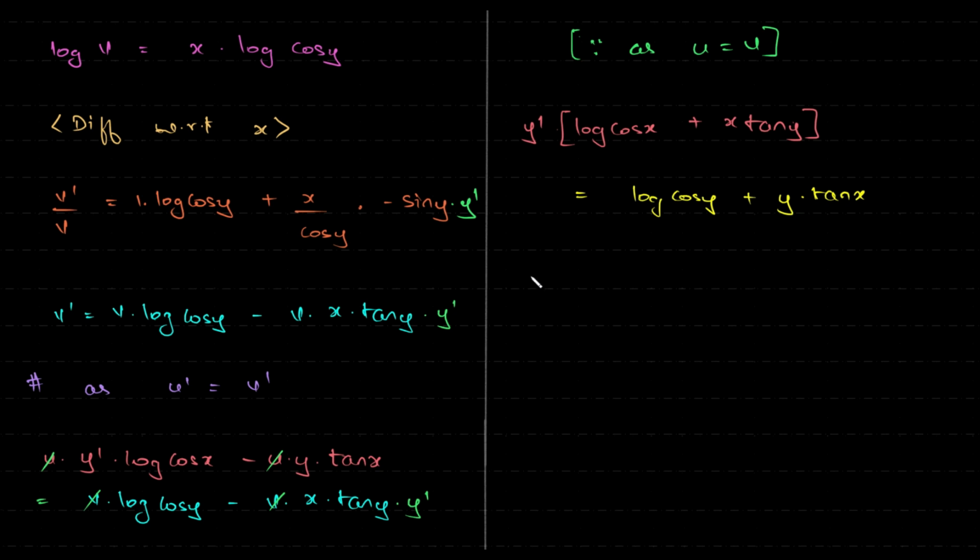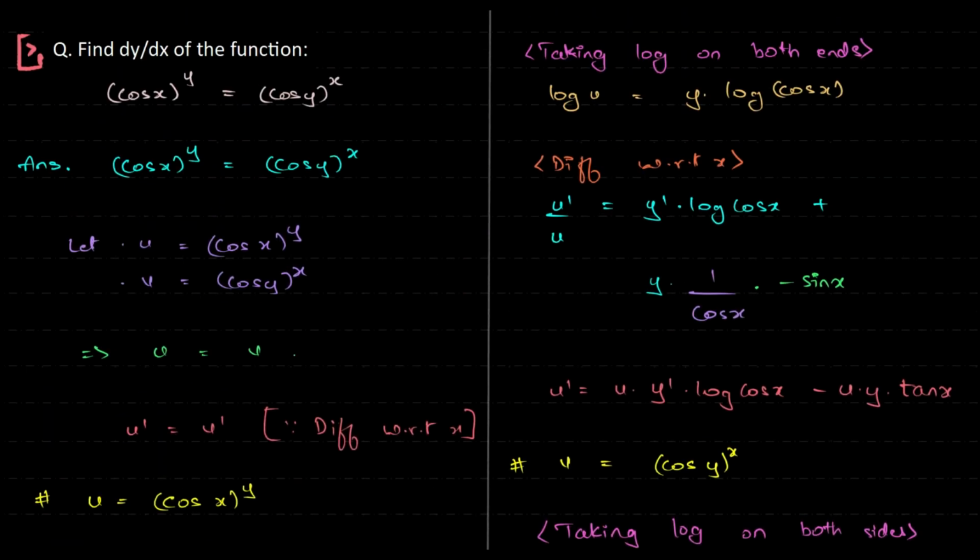And finally we have y prime is equal to log cos y plus y into tan x, this entire expression, divided by log cos of x, all these in brackets, remember, plus x into tan of y. Yeah, that would be your final expression.